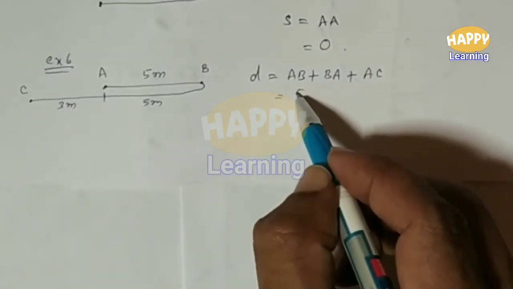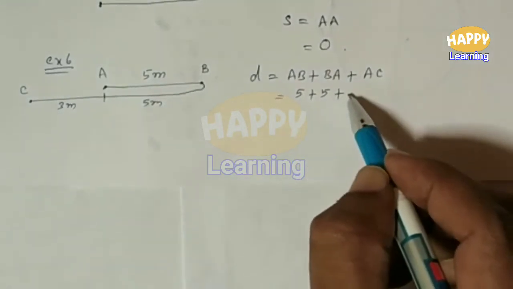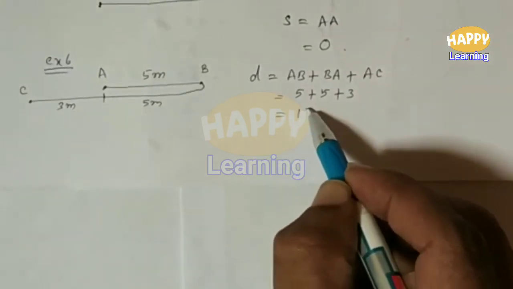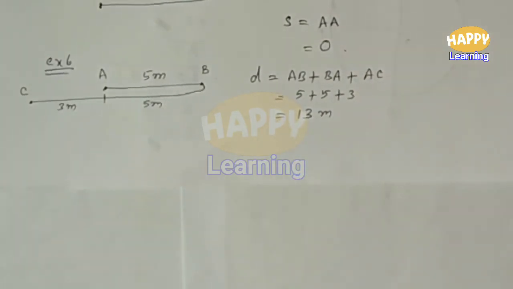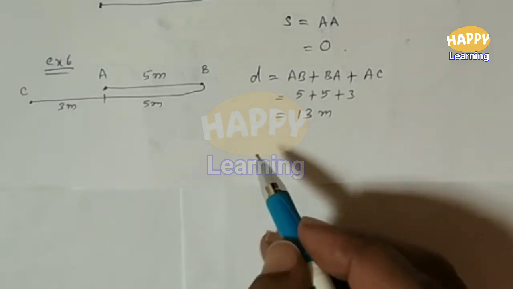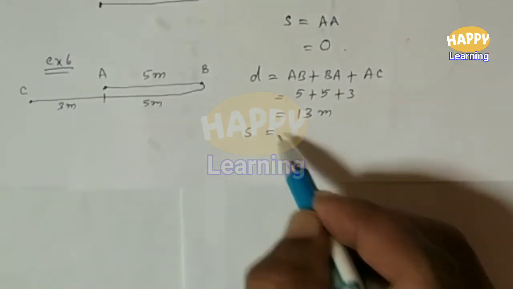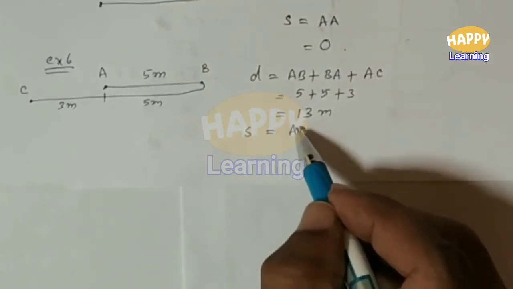That is equal to 5 plus 5 plus 3, that is equal to 13 meters. Distance means actual path. So AB 5, BA 5, AC 3, total 13.